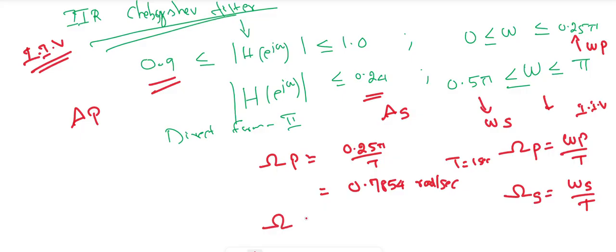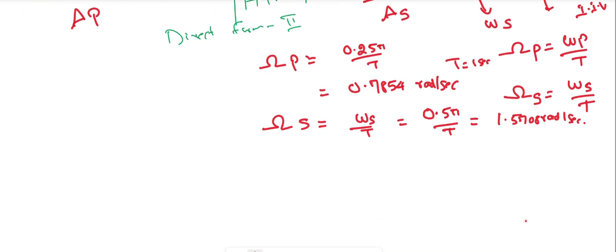and omega s, which is equal to omega s by T, which is equal to 0.5 pi by T, which is equal to 1.5708 radians per second. From the given specification, the first step is to determine the order of the filter.